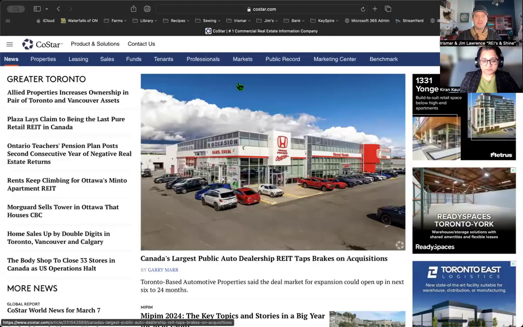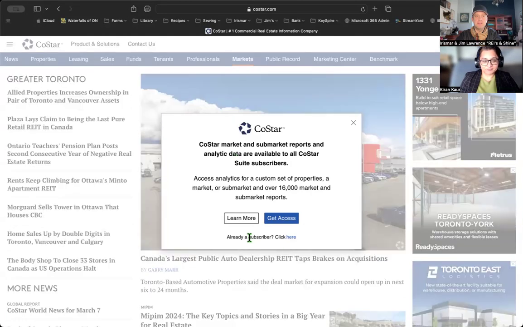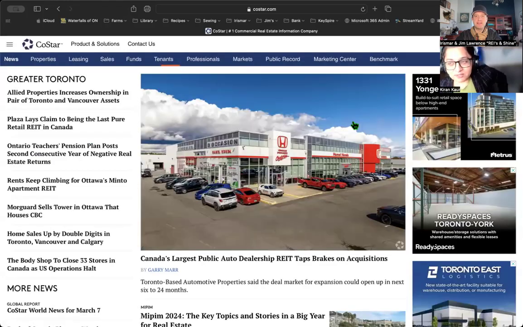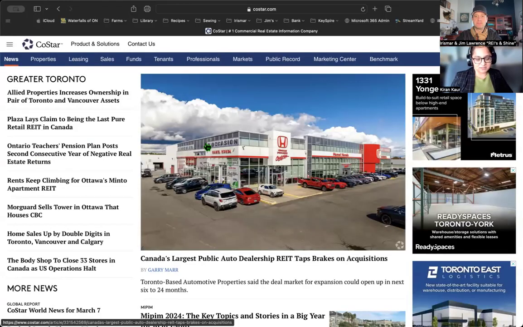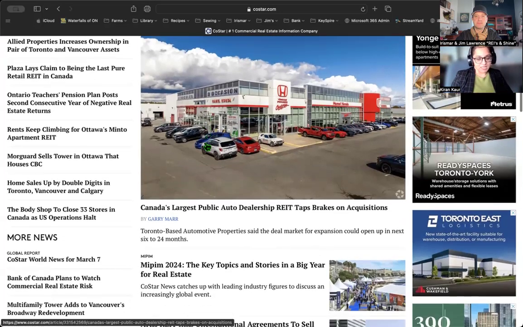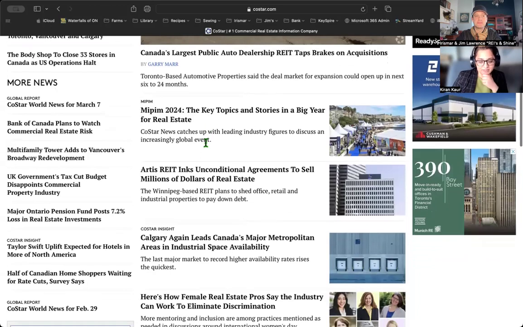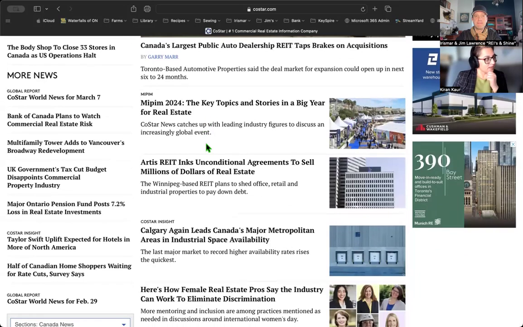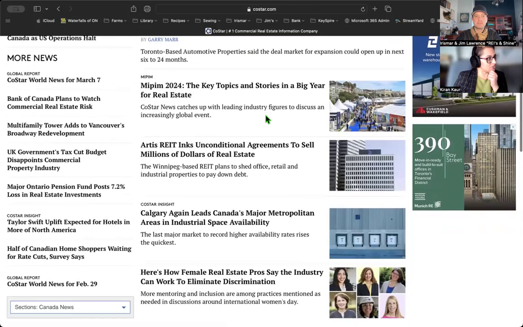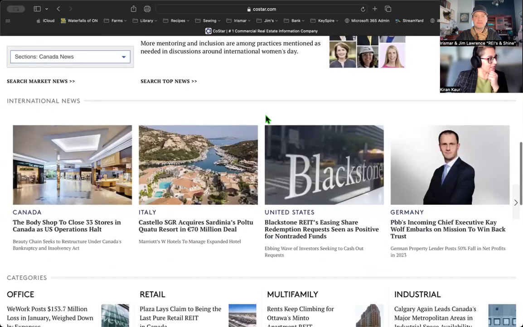And you do need the membership to get access to that. Every month or every few months, we get a market analysis. There was a market analysis done just in March.